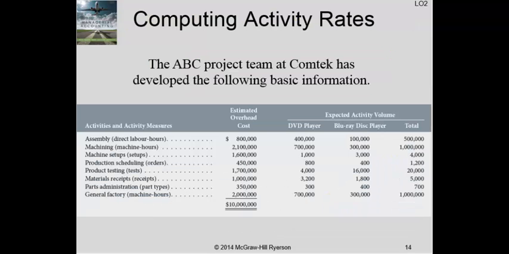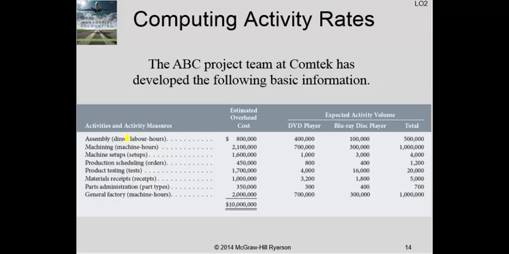Now, in addition to that information, we've got a bit more at our disposal here, because we're now going to look at what would change under an activity-based costing type system. So here's how that $10 million worth of production got accumulated or broken out. So much time for assembly, so much for machining and setups and so on.